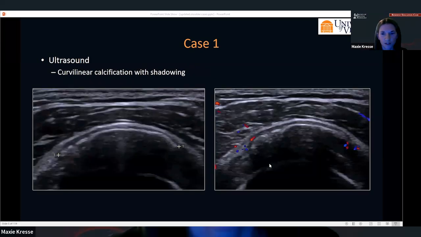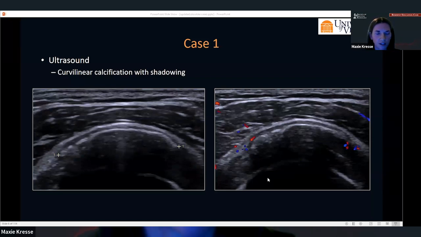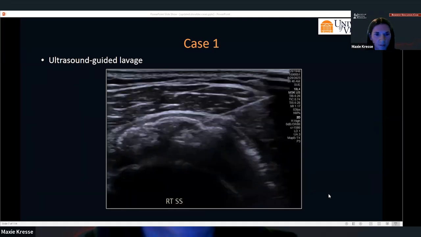I'm sure people have a little bit different techniques of what they do, so I'll just go through what we do here at UVA. So this is our initial image of this patient. You see the nice curvilinear calcification, shadowing, nothing remarkable on the color Doppler image. So here's our image here.